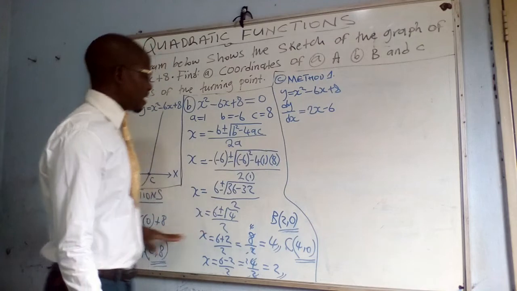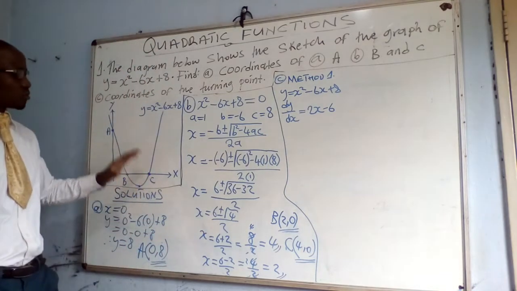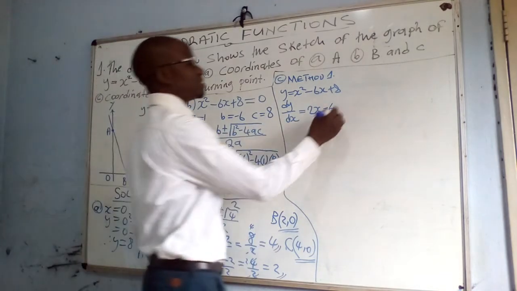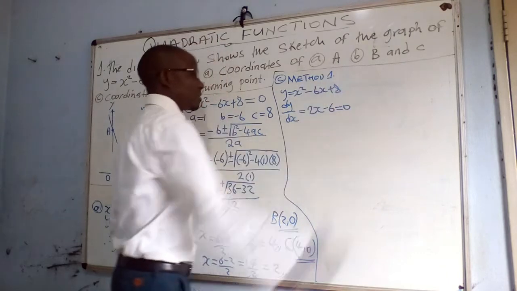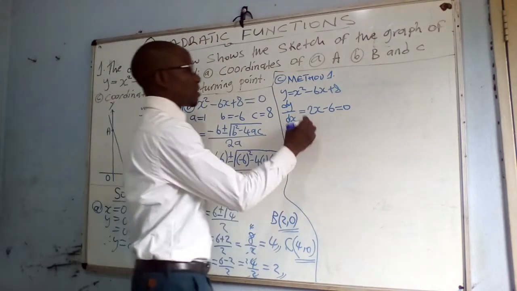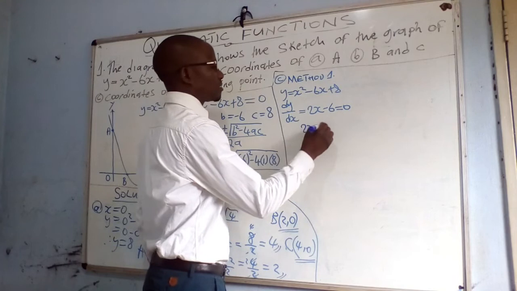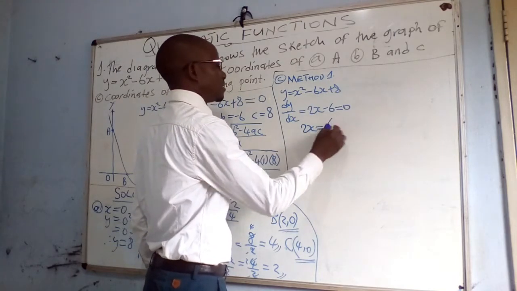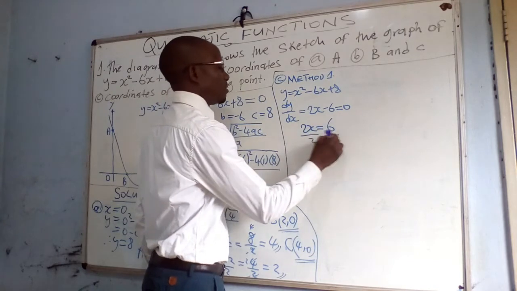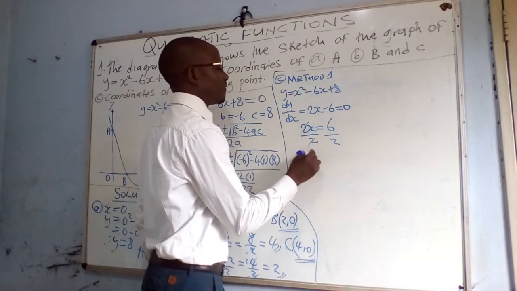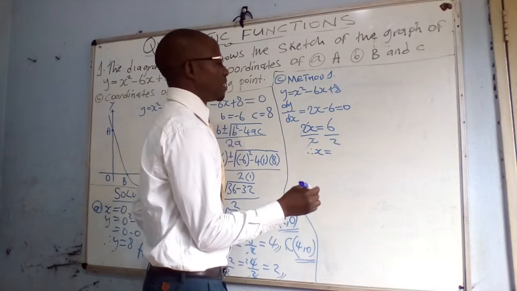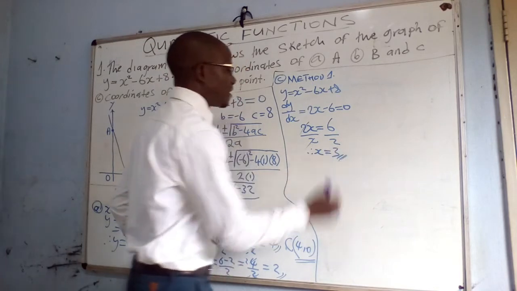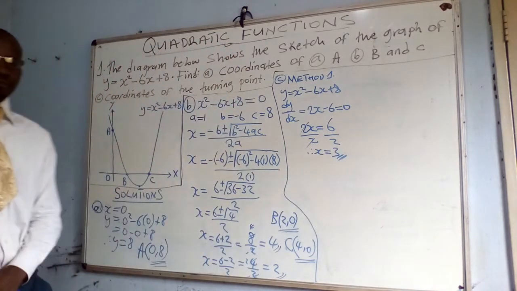Then at the turning point, the gradient is equal to 0. So the gradient function is equal to 0. Then collect the like terms. You are going to have 2x is equal to 0 plus 6. That is just 6 over 2. Therefore, x is going to be equal to 3. At the turning point, our x is 3.